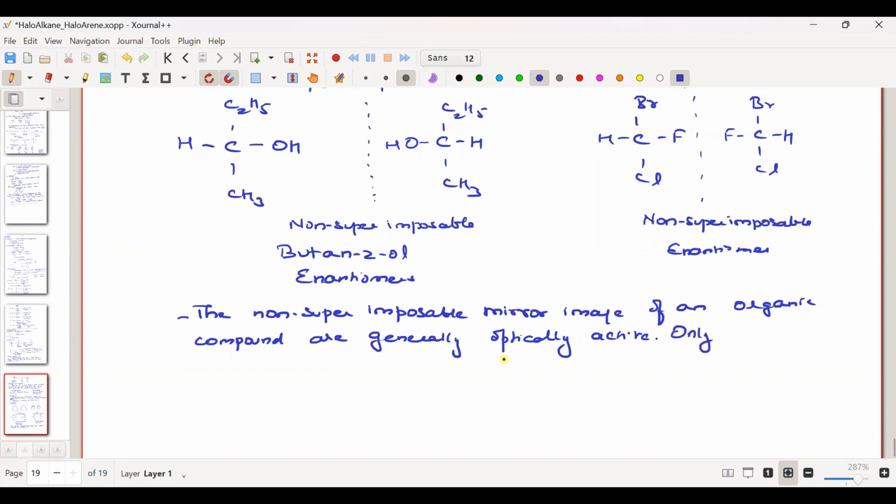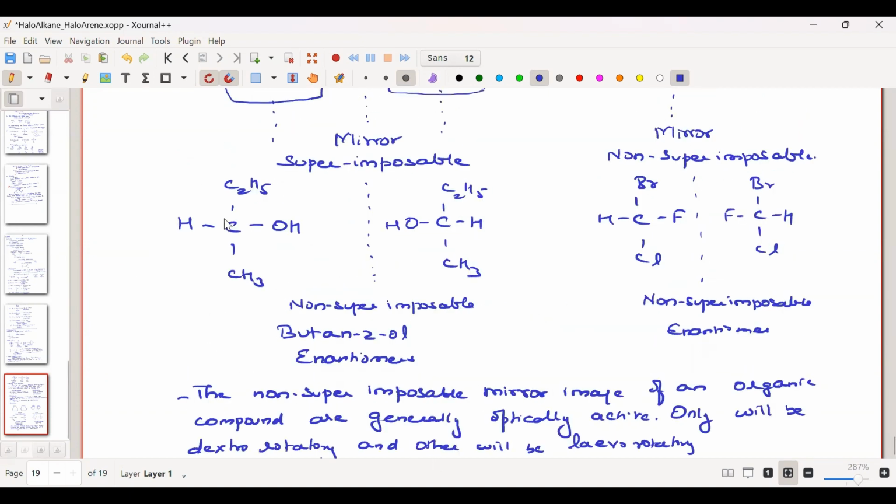One will be dextrorotatory and the other will be levorotatory. Which means if I take one of these and pass plane polarized light and it rotates clockwise, it is dextrorotatory. The other will rotate plane polarized light the opposite way.